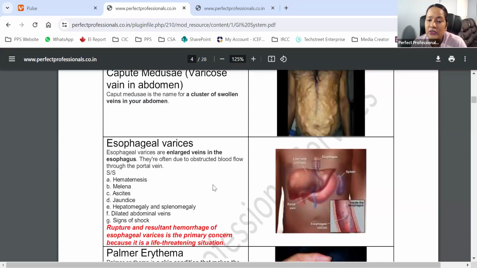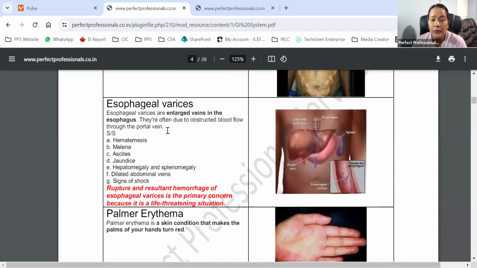Esophageal varices. Esophageal varices are the enlarged veins in the esophagus. They are often due to obstructed blood flow through the portal vein. Now, what is the portal vein?